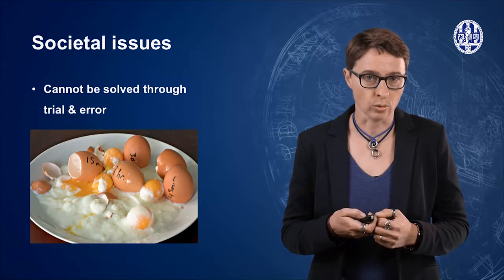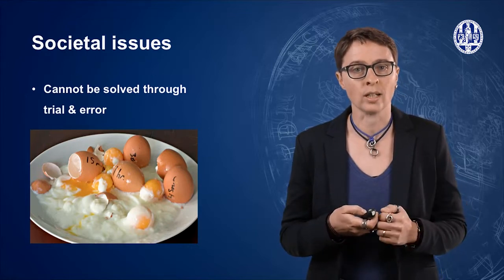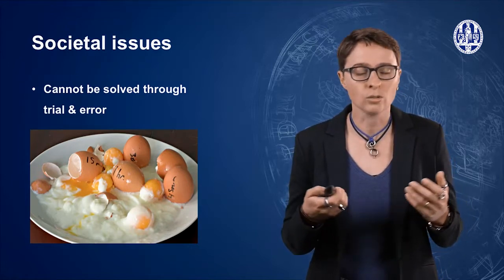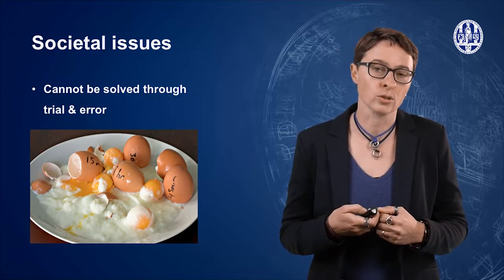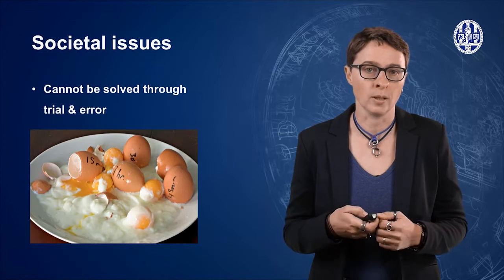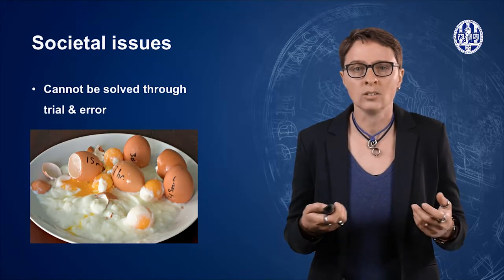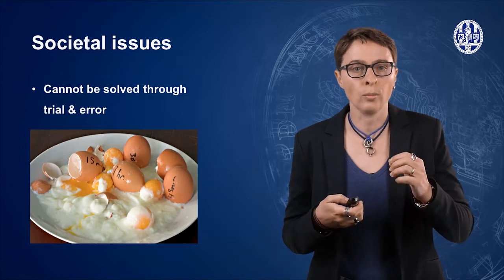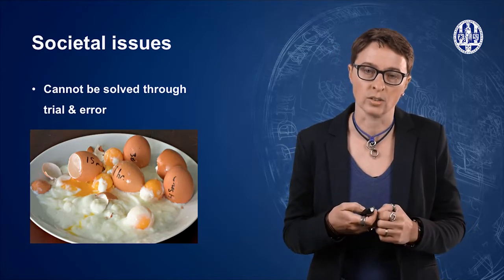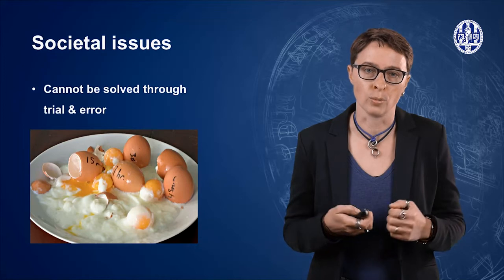And to make matters worse, making mistakes when trying to solve societal problems is really not an option. If you fail to solve a chess problem the first time around, you can just keep experimenting until you do. It does no harm, it costs nothing to try a couple of times. But when we look for solutions to societal challenges, trial and error is not an option.